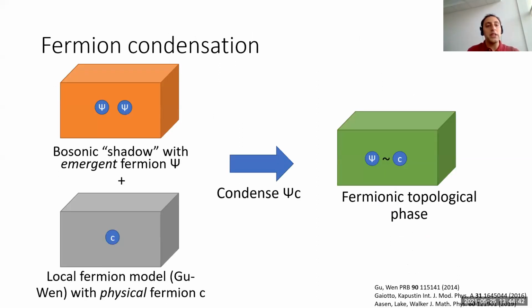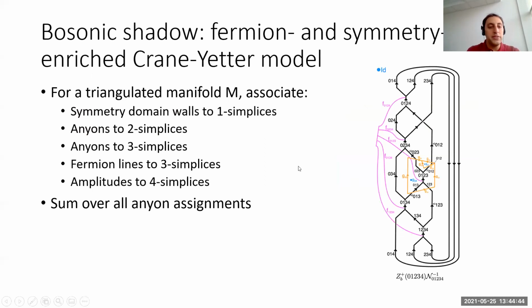Now, I just want to emphasize that these fermion lines, which is the background three-form gauge field, is not being summed over in the bosonic shadow.